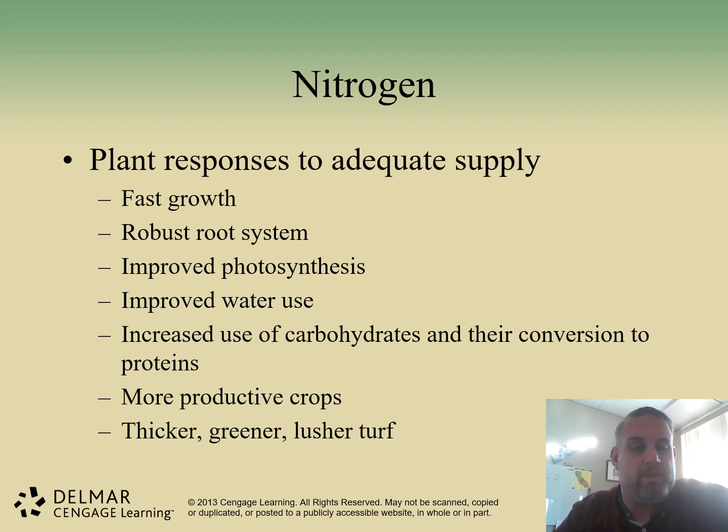Its main purpose is for improved photosynthesis, and it allows the plant to use its carbohydrates and convert proteins much faster. If you were to look at, say, grass, it basically creates a lush top growth of grass and more productive crops. So this is a nutrient that helps with the vegetative growth of plants.